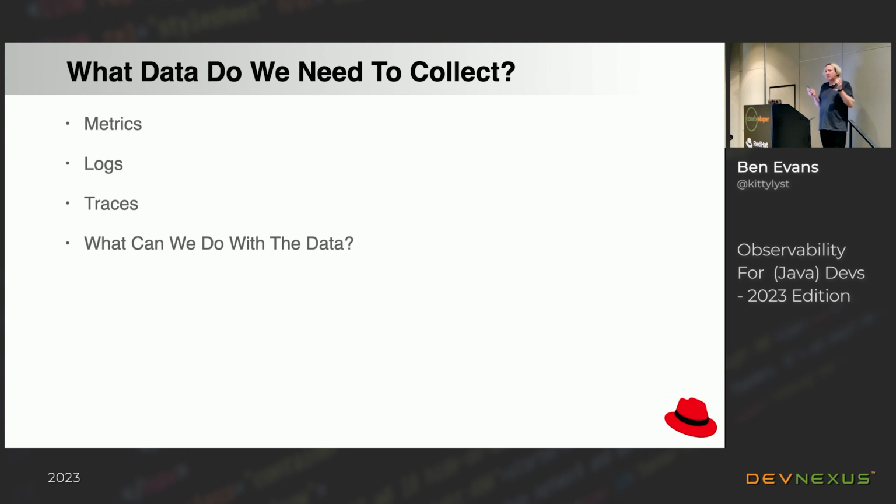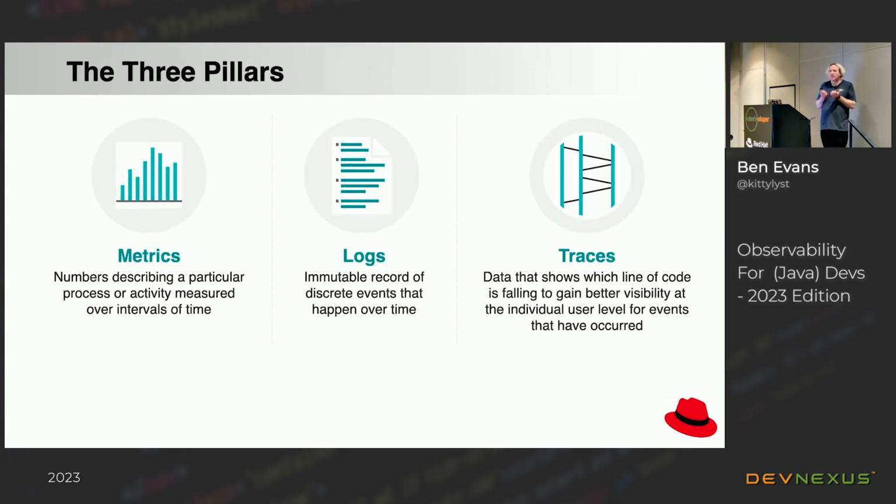Now, I gave you a brief trailer for this before, but these are sometimes called the 3 pillars of observability, and some people don't like these. Some people think this is a bad model. Some people think you should think about everything in terms of events. Funnily enough, those people are often the ones who also have an event-based observability system that they would very much like to sell you. That's probably a little too cynical.